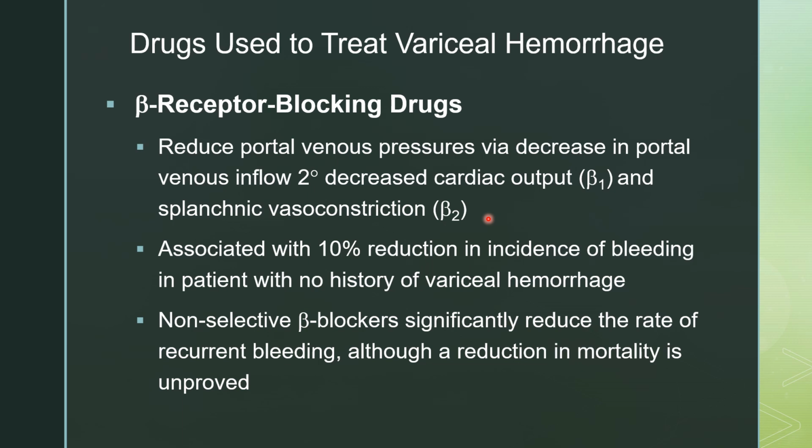The use of this drug is associated with a 10% reduction in incidence of bleeding in patients with no history of variceal hemorrhage. Non-selective beta blockers significantly reduce the rate of recurrent bleeding, although a reduction in mortality is still not seen.